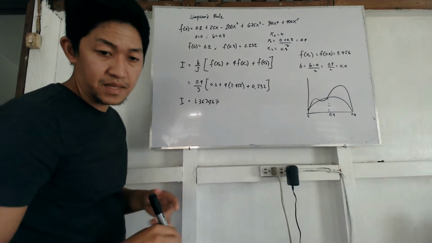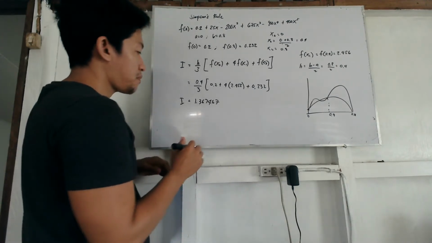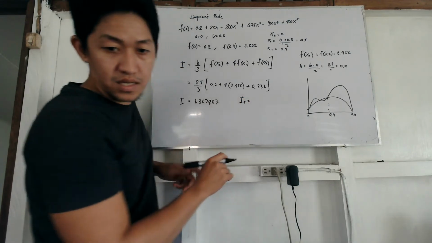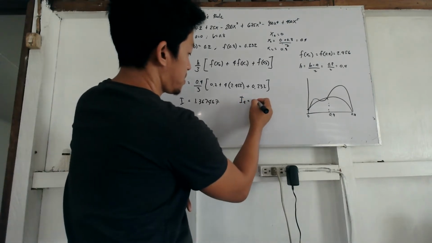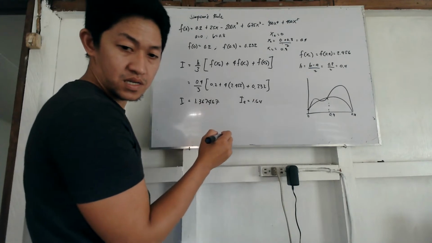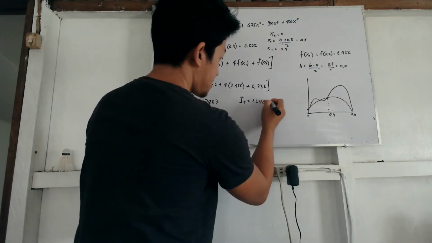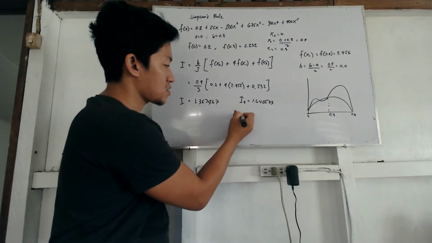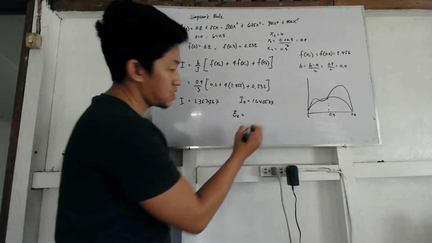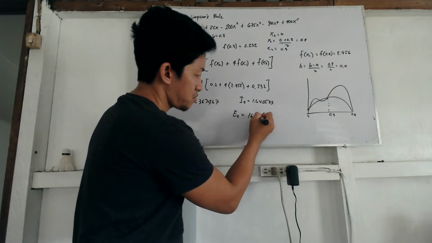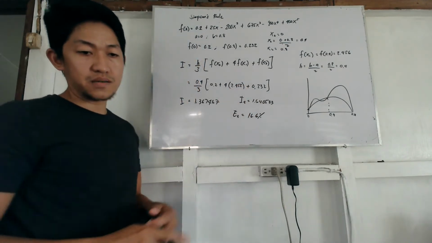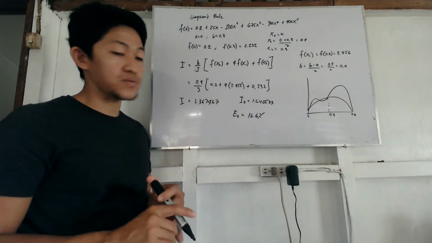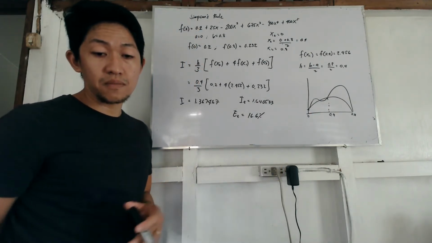Now we compare this one to the true value, which is 1.640533. So we'll get a true error of 16.6%. So this is a much better approximation as compared to the trapezoidal rule.